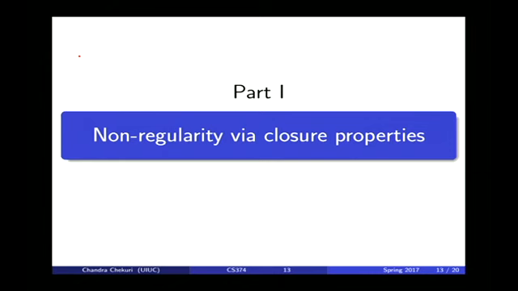Any machine with finite memory can be fooled if the language is sufficiently rich. That's the technique we developed for proving that a certain language is not regular, and it's a complete technique in the sense that you can always prove it using that technique.